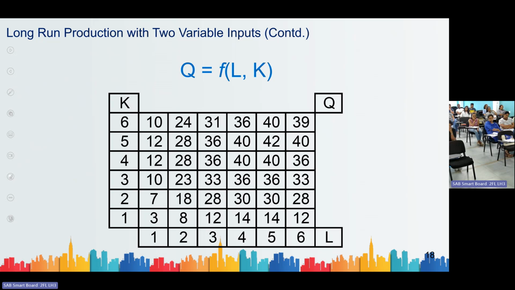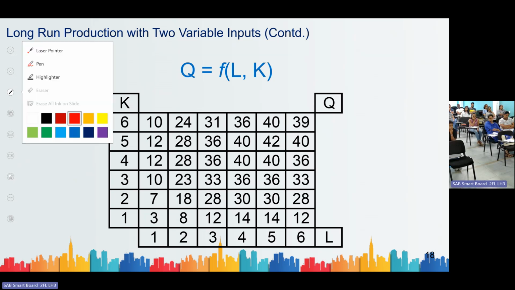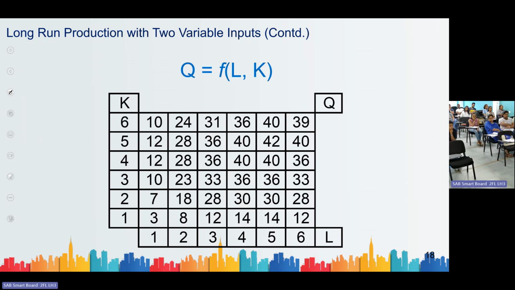This table shows different combinations of capital and labor. This is 1 unit of capital, 2 units of capital, 3 units, 4 units, 5 units, 6 units of capital.